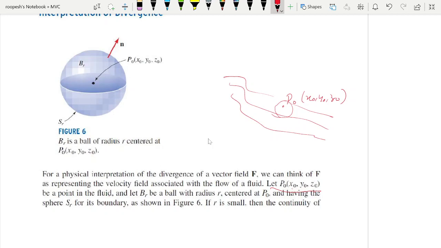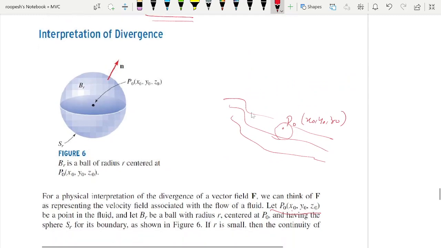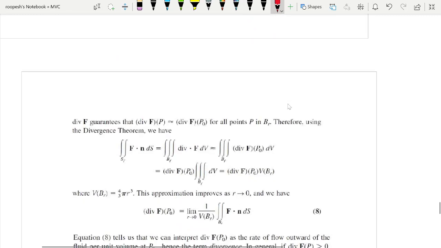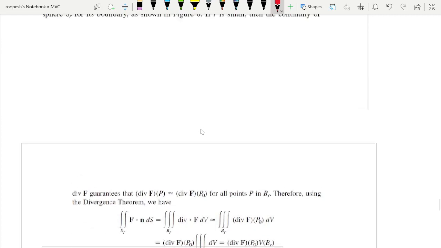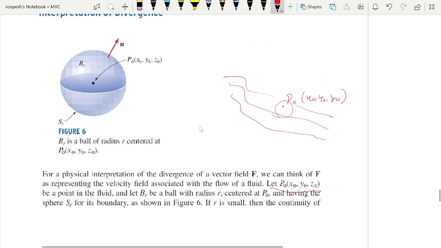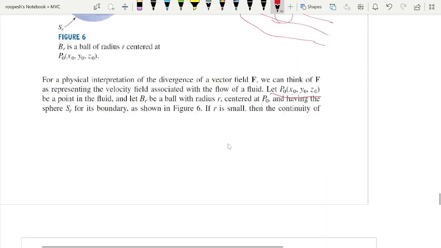So as in this figure, if R is small, then the continuity of divergence of F guarantees that divergence of F at P should be equal to divergence of F at P naught. So when you are taking divergence at a point P here and divergence at P naught, both should be equal since your divergence is a continuous function.